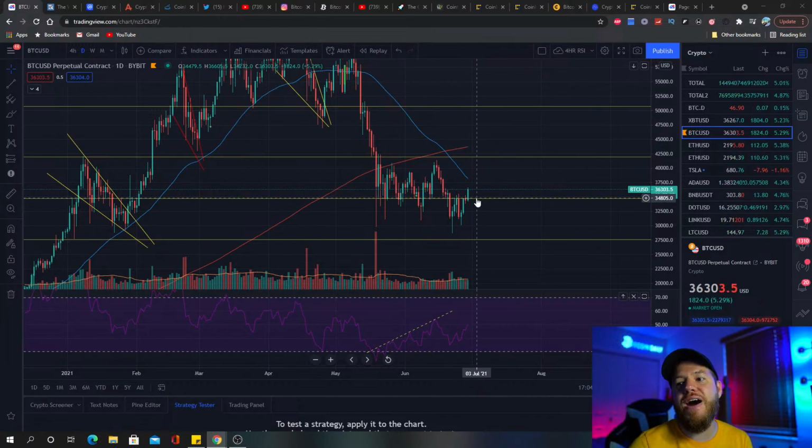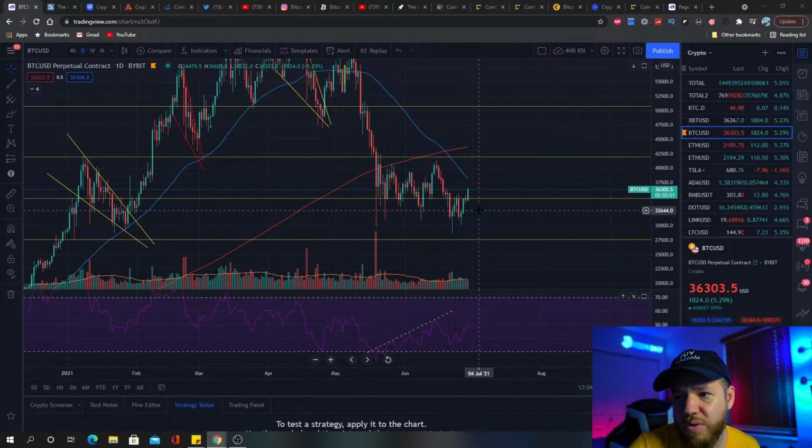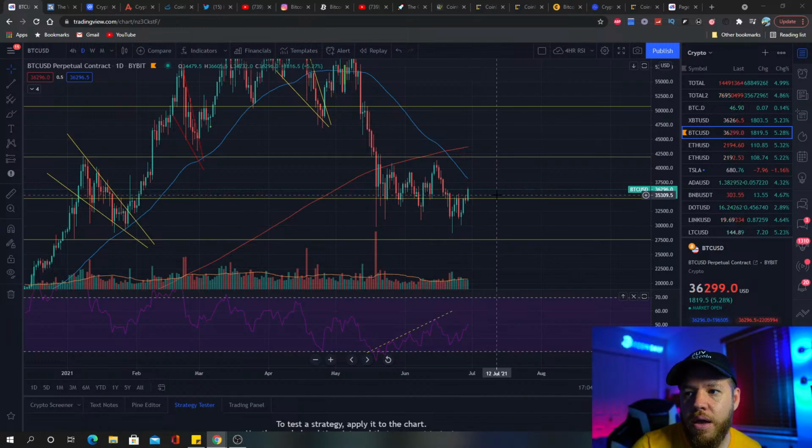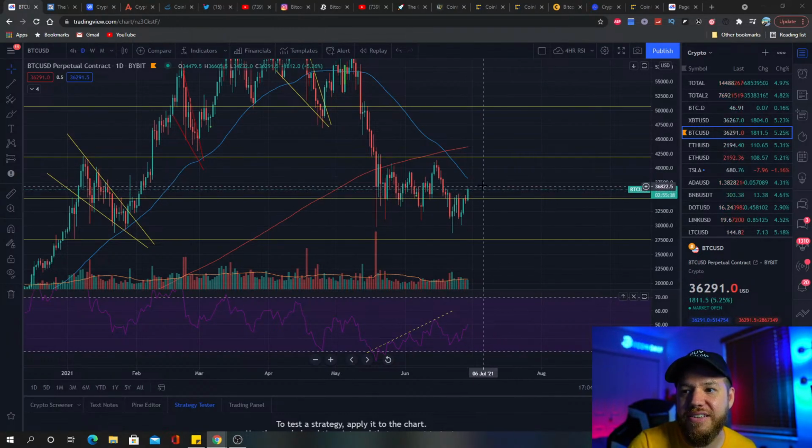So we need $35,000 to hold here, set up that higher low. Even though realistically we can go lower than 35, we can go down to like 33, 32 and still have that higher low. I would prefer, if we can stay above 35,000, it would just make our lives so much easier, right?